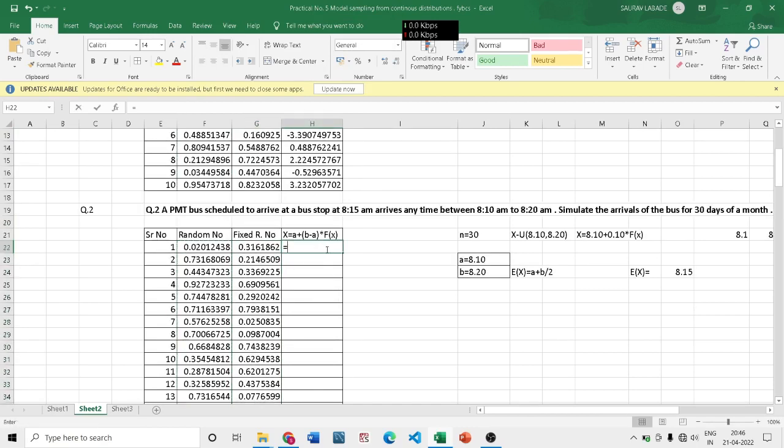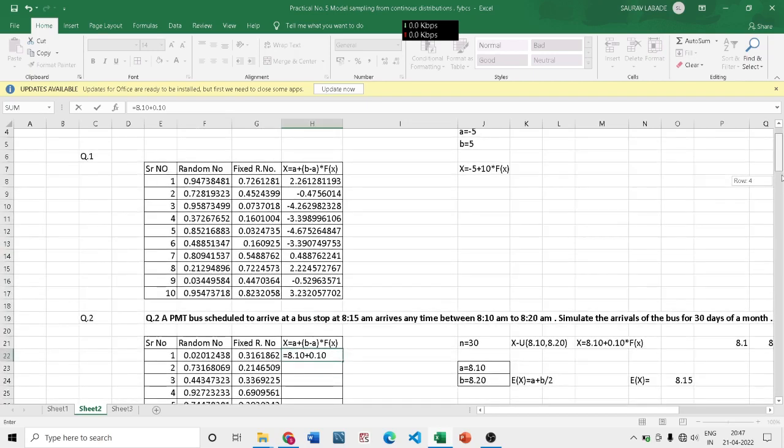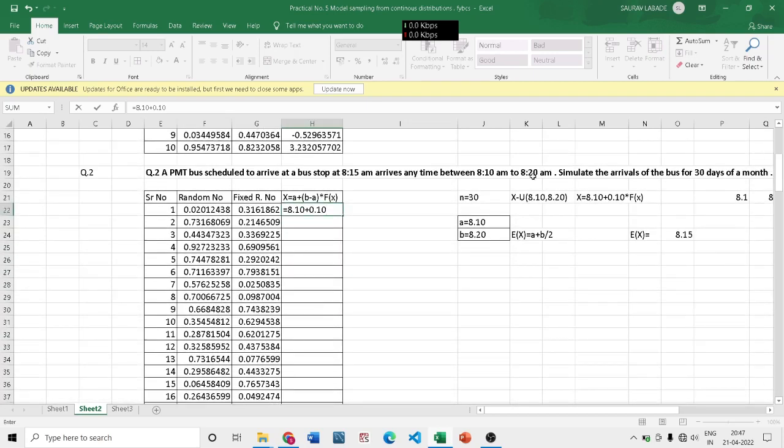Now simply use the formula. It is equal to a, which is 8.10, plus 0.10. Why is it 0.10? Because here it is b minus a, which is 8.20 minus 8.10, times f of x.